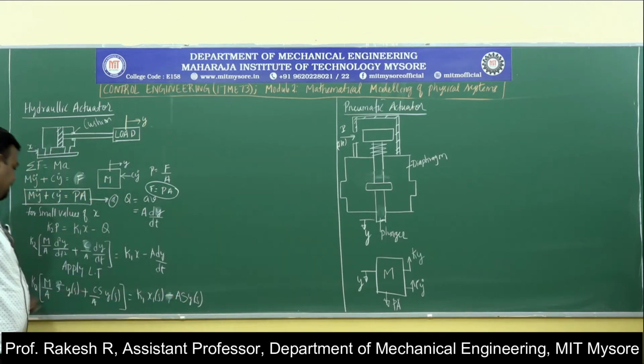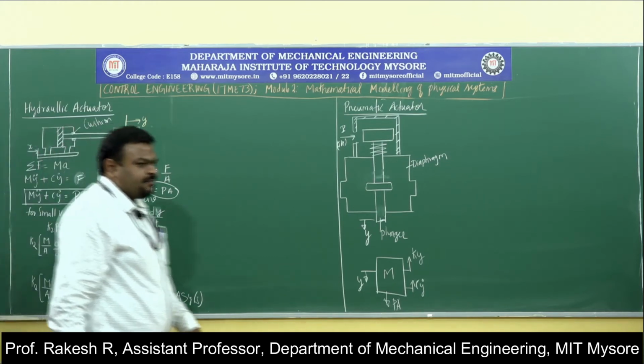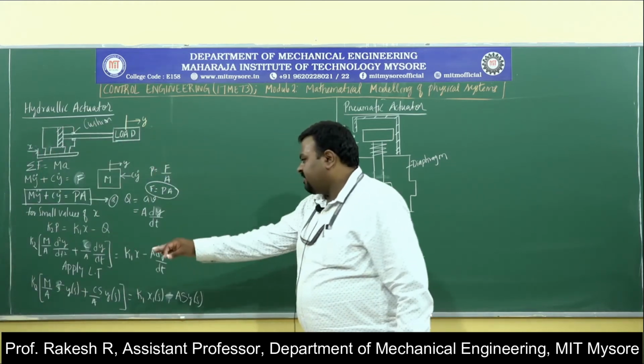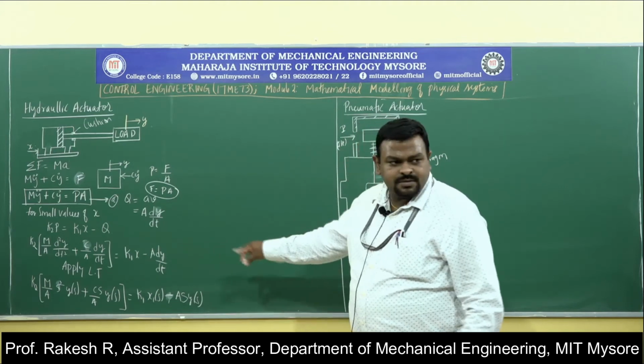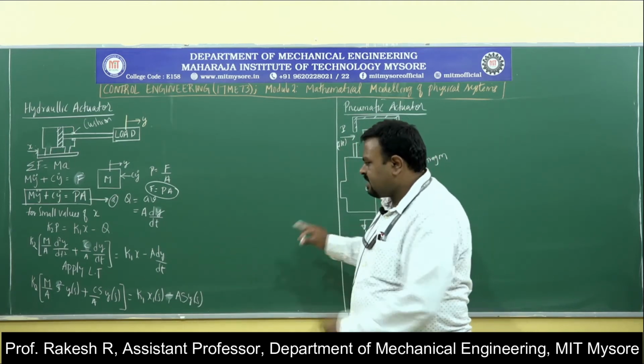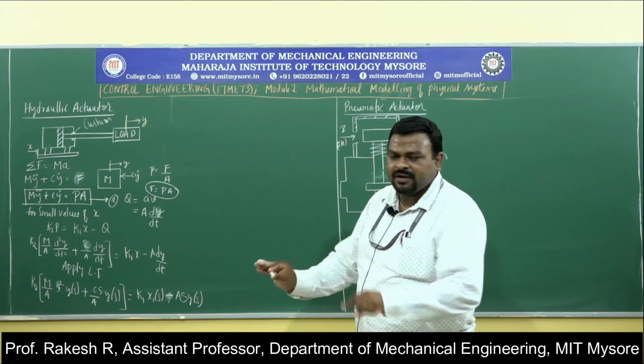I will be rearranging the term here. If I rearrange the term, what happens? The K1 will go like that. Y terms will remain on one side. X term will remain on the other side.